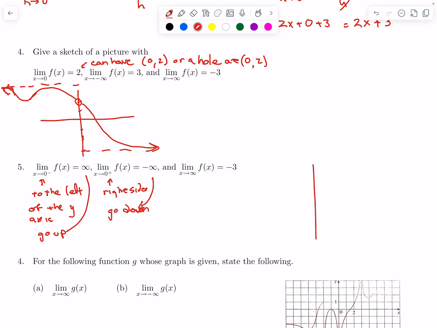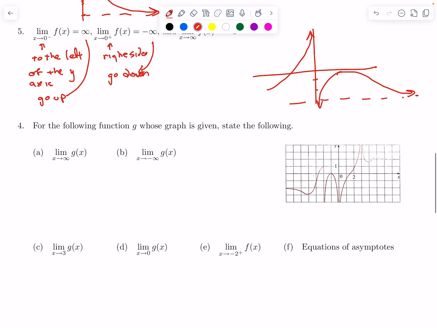Terrible W. Okay, so up on the left side, down from the right side, and limit as x approaches infinity being an eventual leveling off towards a height of negative 3. There you go.